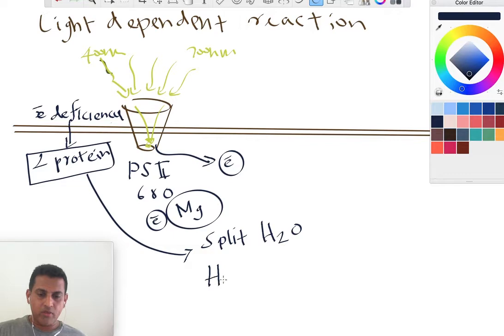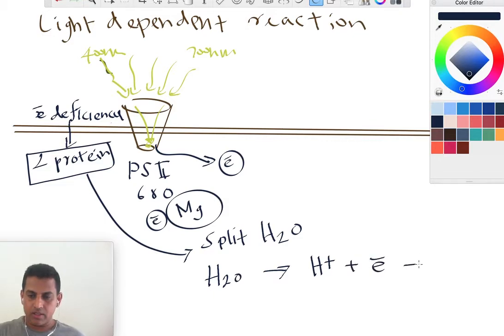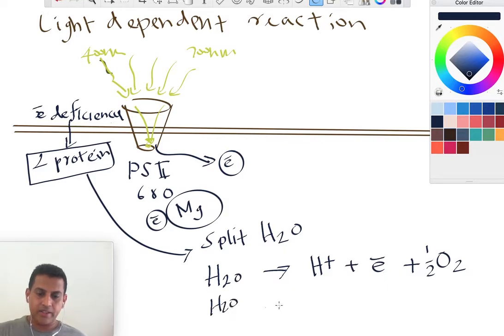Let's see what happens to the water molecule. It splits into hydrogen, electrons and oxygen. So we can write this reaction this way. Also we can write the reaction as H plus, electron and oxygen, so 2, 4, 4. Either way, we can balance this reaction.